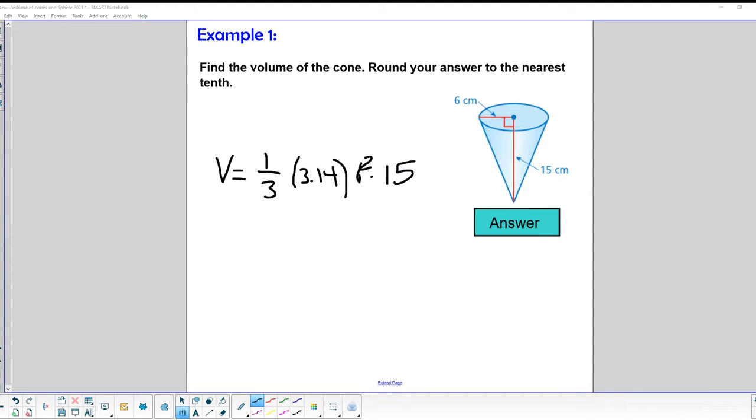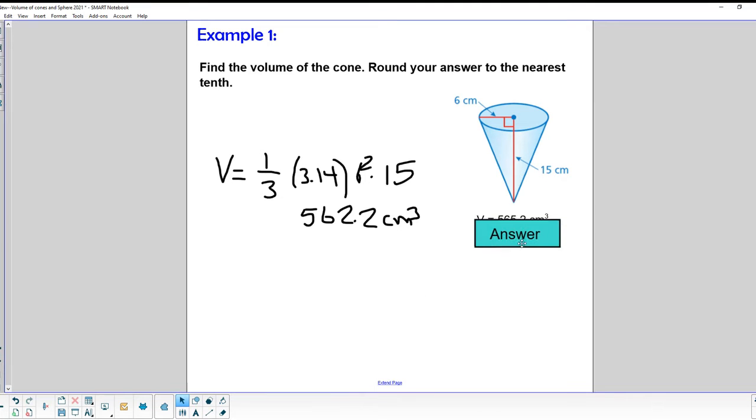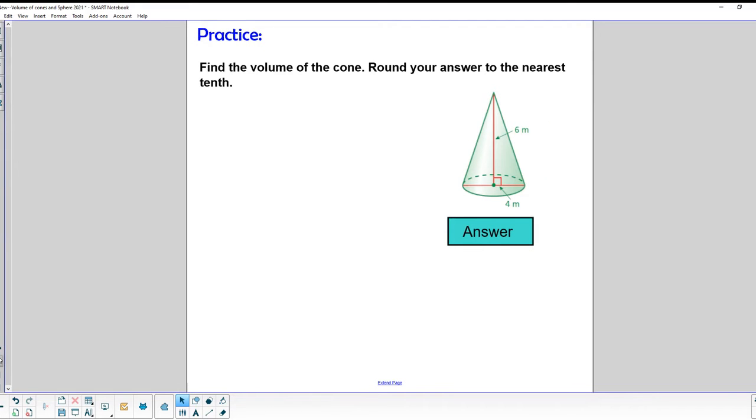The last thing is to times it by 15. So our answer is 562.2 centimeters cubed. Let's check our answer, see how we did. Would you look at that? We got the same answer. Feeling pretty good about what we're doing so far.